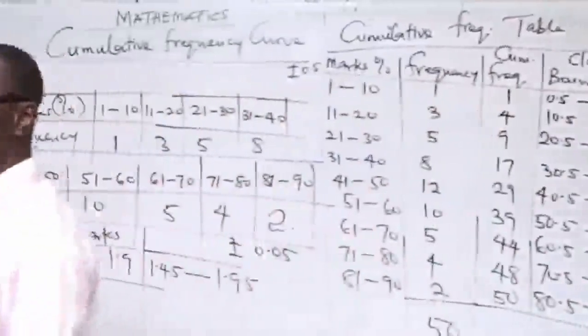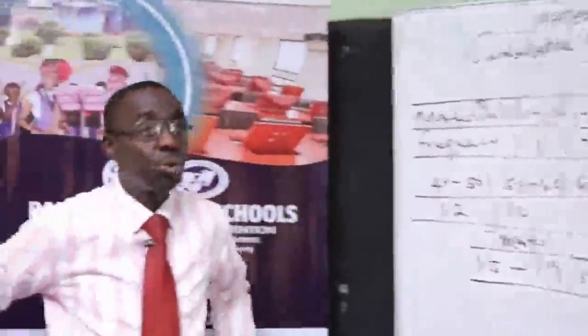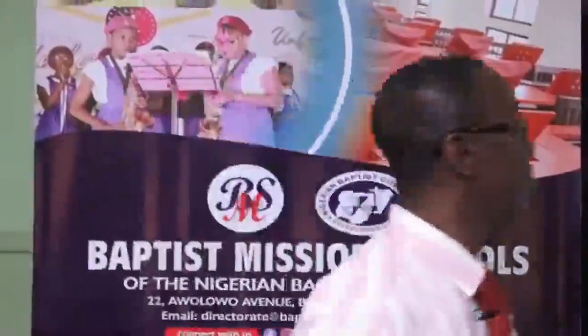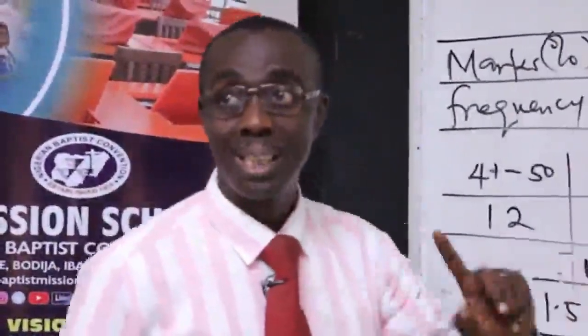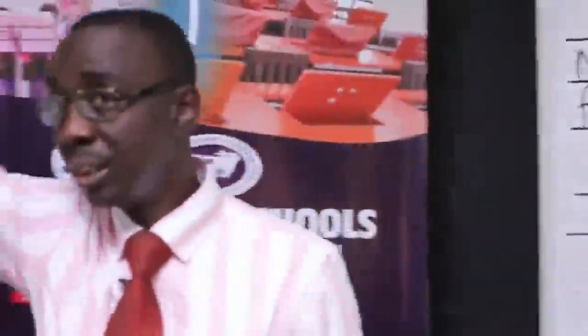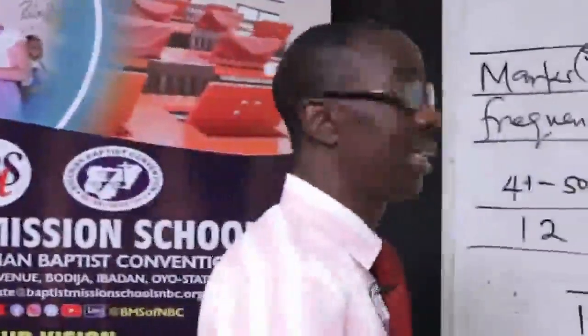So when you are reading, try and check. That question is also a statistics question, but it's a histogram problem, and the interval there is not whole number. Are we still together? Can we move to the next thing then?